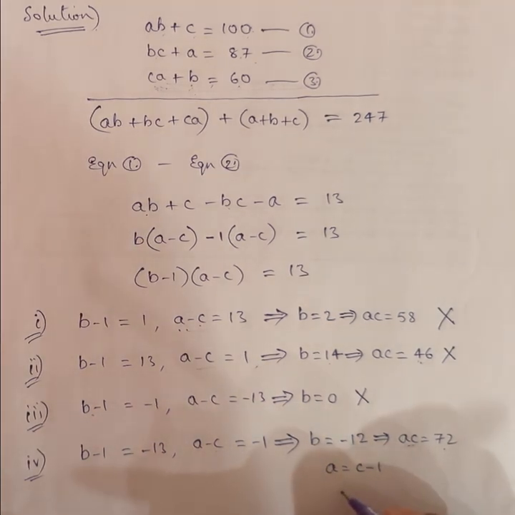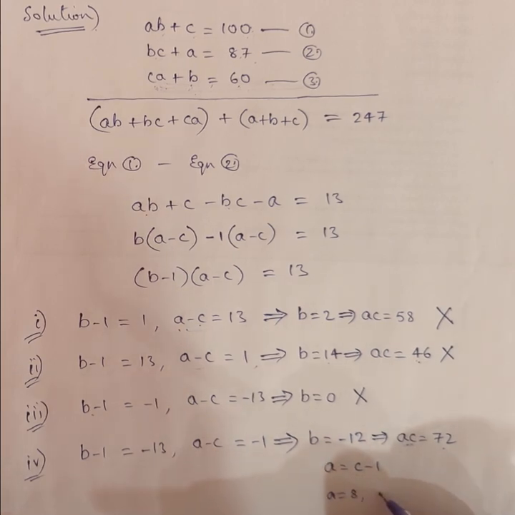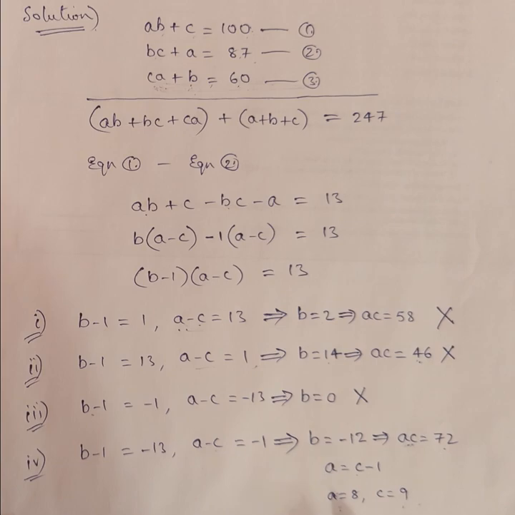So let's check. a is 1 less than c, so a would have to be 8, then c would have to be 9. Let's see if this works or not. If a is 8, c is 9, and b is negative 12, will that work?